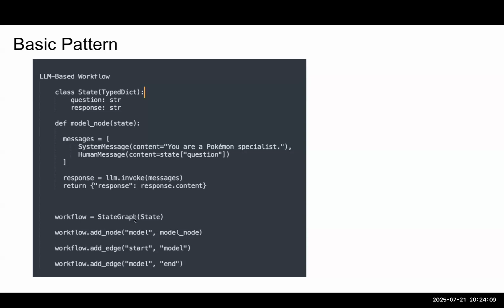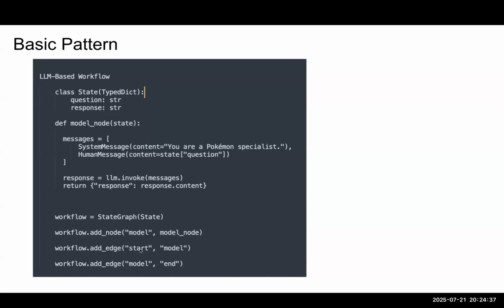So I initialize a state graph, that's what they call it in LangGraph, and then I attach the node called model. The model is the node which is going to call the LLM and then get some response. So I create a node called model, but any flow in LangGraph will have a start and an end.